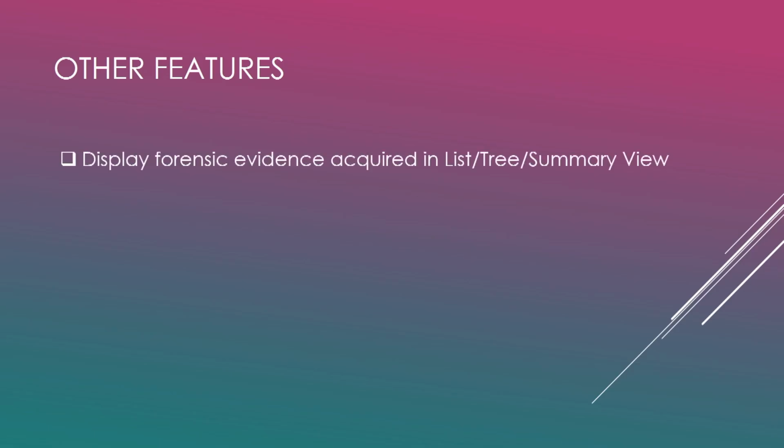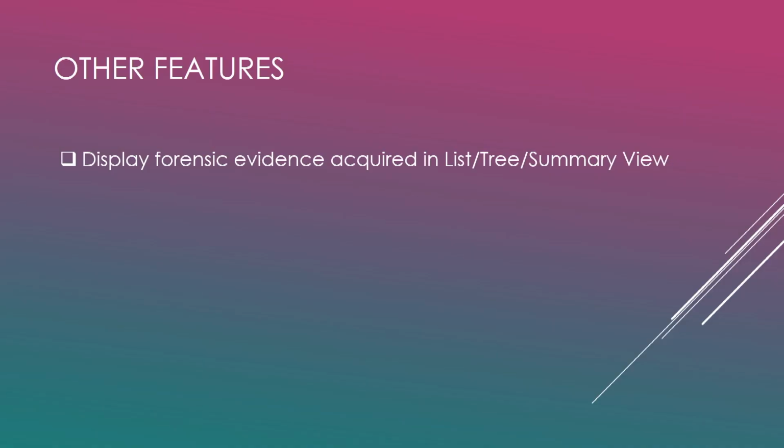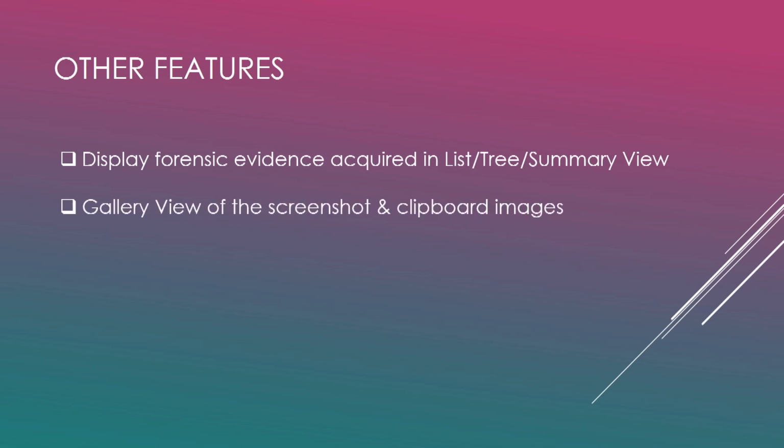What are the other features? It displays forensic evidence, and we can view it in different forms: list, tree, and summary, so that the user can easily analyze. It also provides a gallery view of screenshot and clipboard images. For example, if some image was cut or copied by the suspect, we can view it in the gallery.